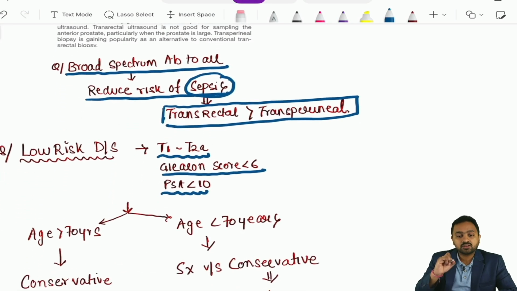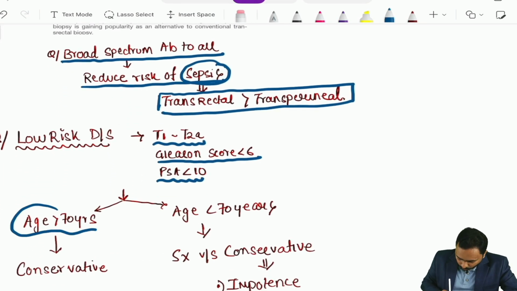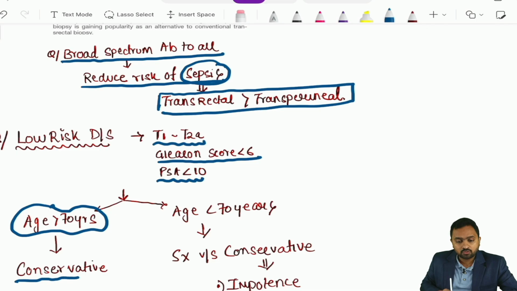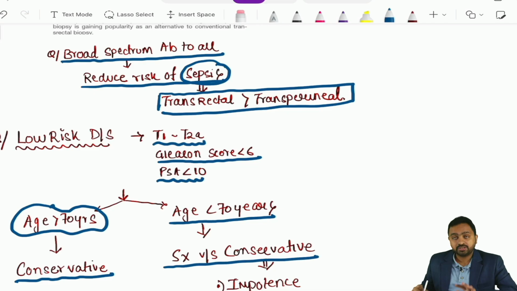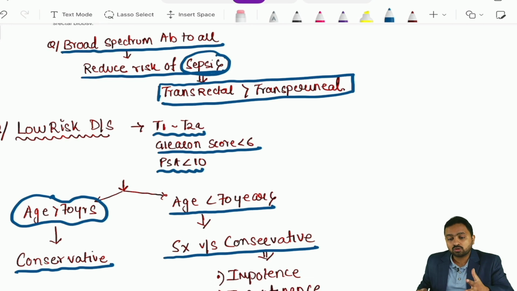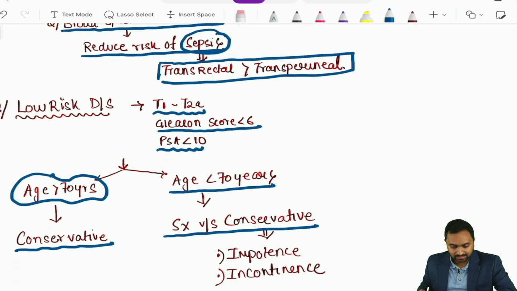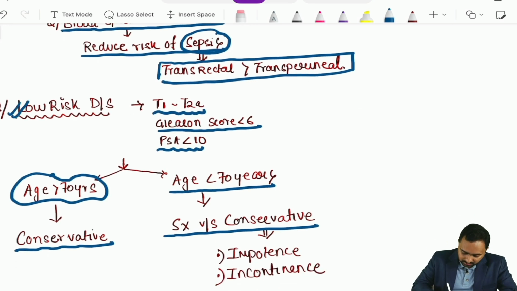If it is low risk disease and age is more than 70 years, we go for conservative treatment. If age is less than 70 years, we go for surgery versus conservative treatment depending upon patient choice and the risk he would want to take for impotence and incontinence, right. So, this is your management for low risk disease.